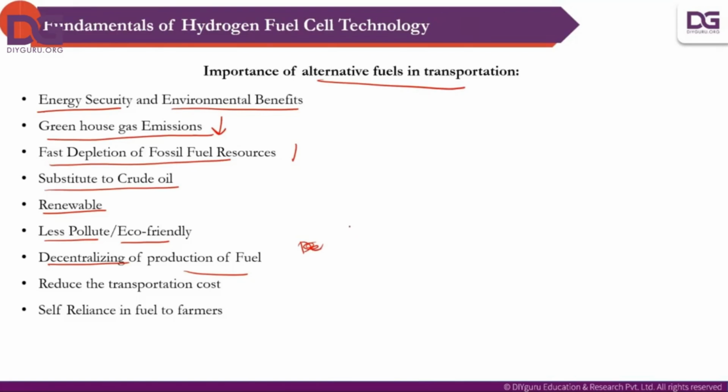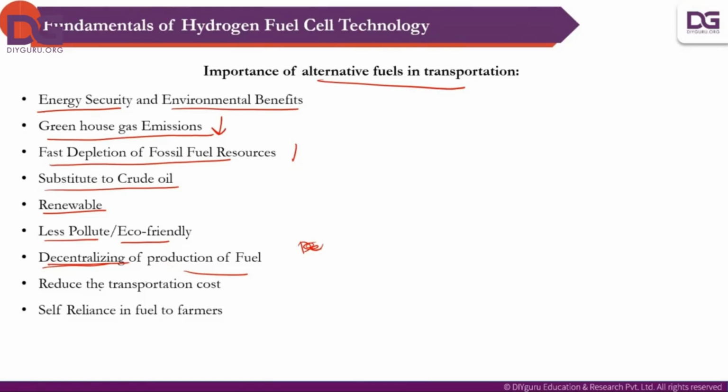A few parts in America and a few in Russia also have some reserves of fossil fuel, but mostly in production of fuel we are dependent on some particular areas. But if we use alternative fuels like hydrogen, we can decentralize this production of fuel. In different locations we can generate this fuel, with no need to depend on some specific area only.